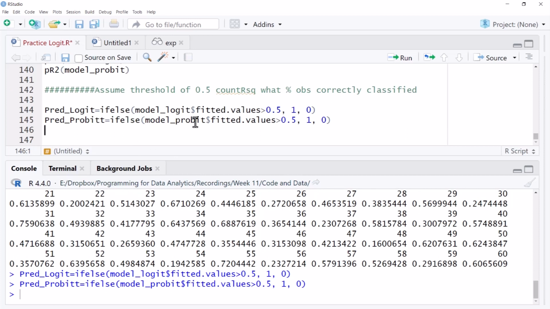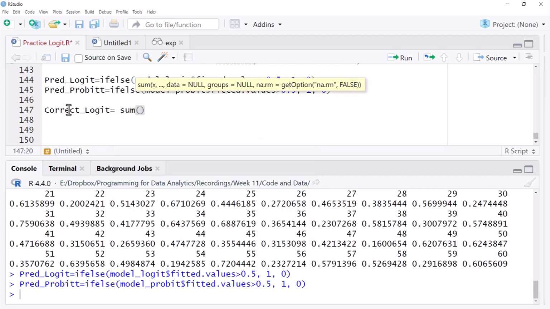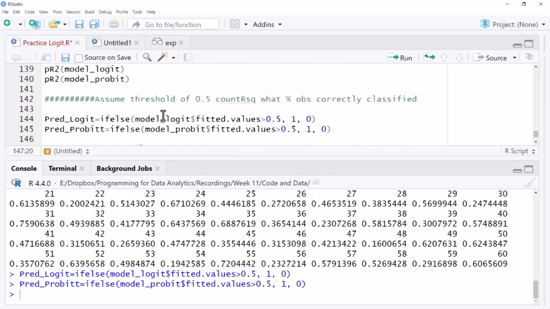So they are here. Now, how do we know the correct values from logit and probit? Let's call them correct from logit. These are equal to the sum of actual values. So how do we get actual values? The actual values from the model are provided here, debit card.